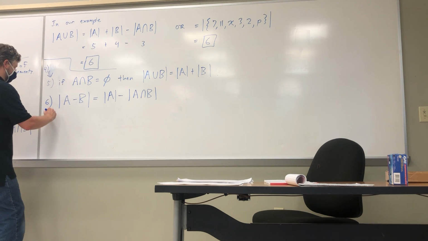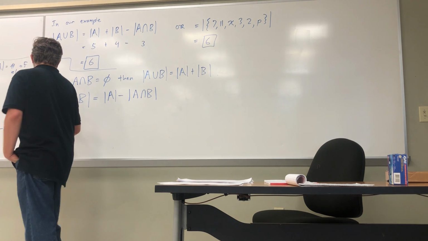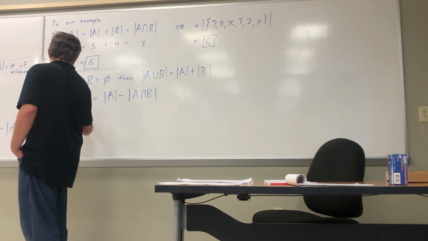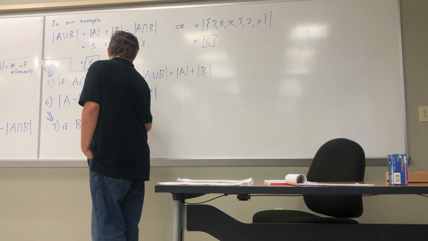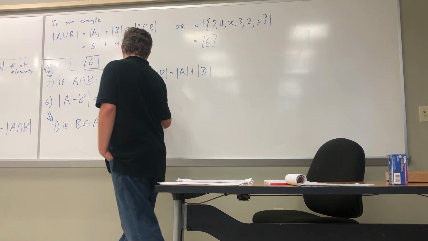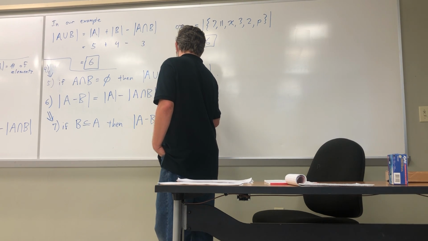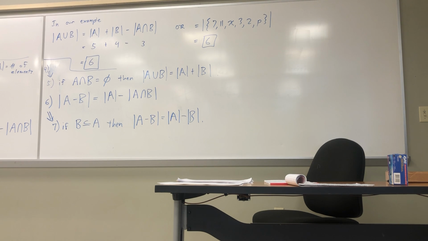But number 6 implies a nice number 7, which is if one set is a complete subset of the other, then subtracting the smaller subset is exactly subtraction. Because if one is a subset of another, then their intersection is the whole small set.